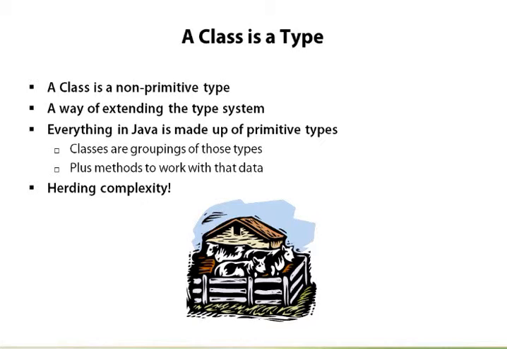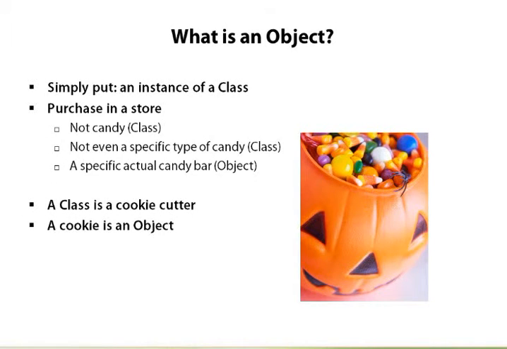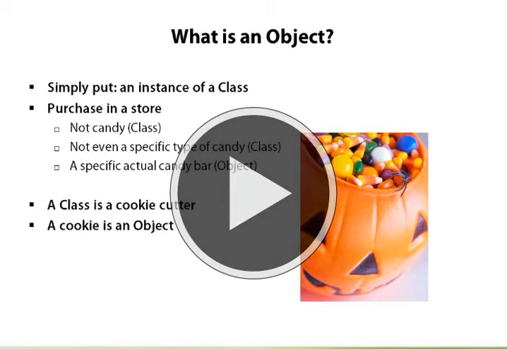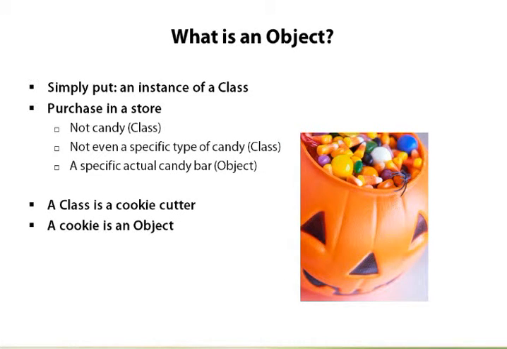You're taking something that's complex. You could take any Java program, get rid of all of the classes, and just use primitive types and not group them together. It'd be really hard to understand that program because it'd be very complex. But you could do that. In contrast, what we're doing with the class is taking that complexity and grouping it into roles and responsibilities, data that belongs together, and methods that work with that data. That is really what we're doing when we're creating a class.